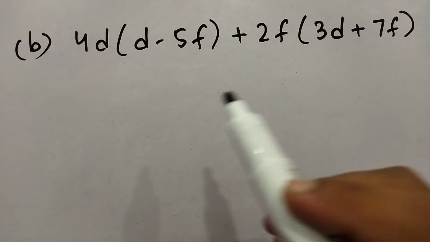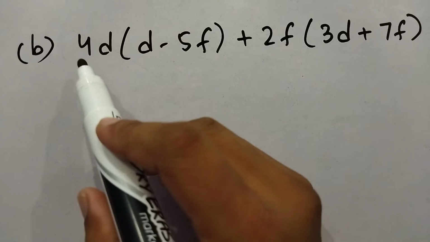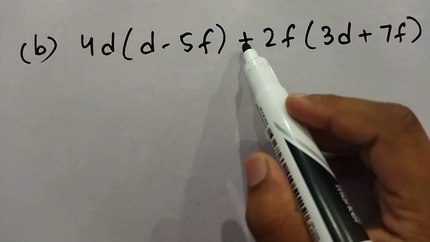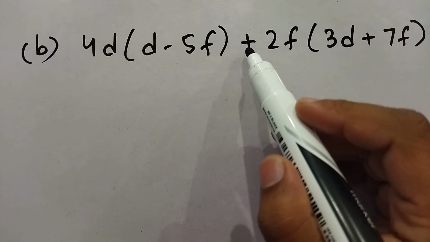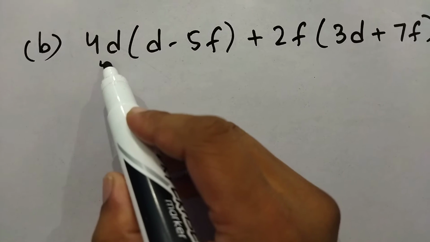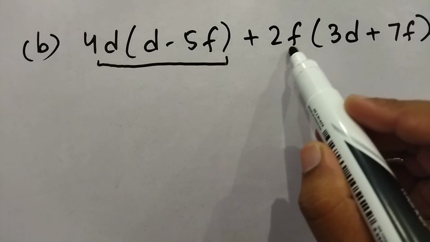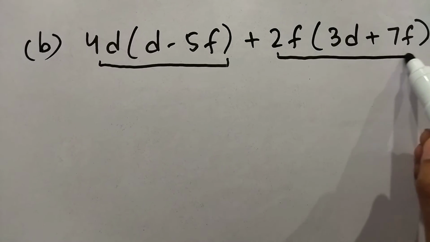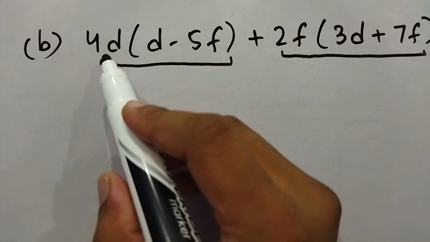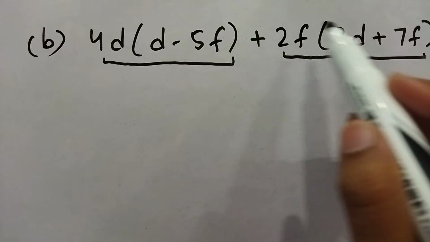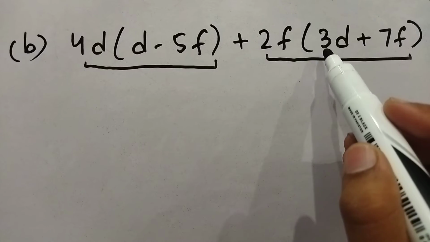Similarly, we have part B, which says we have two separate brackets getting separated with this plus sign. So we are going to deal with this separately from the other group, right? First we'll multiply 4D with D, then with 5F, then we are going to multiply 2F with 3D and then 7F.